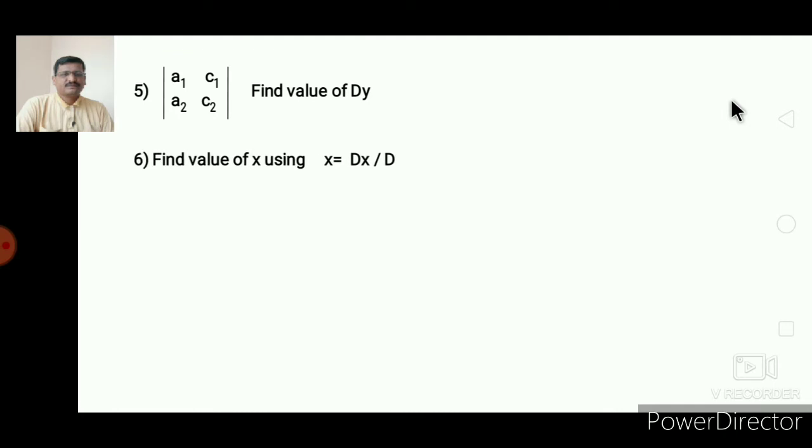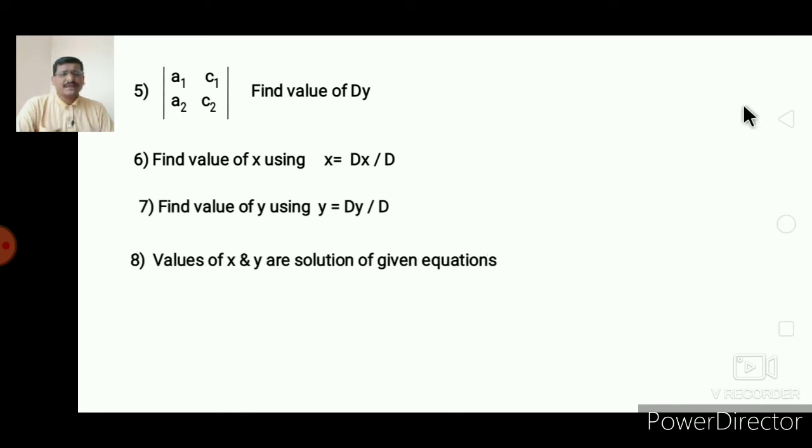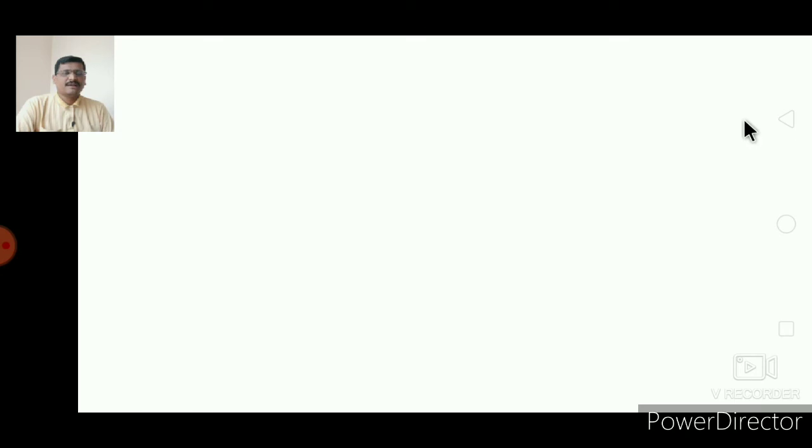Next step, find the value of x using x is equal to Dx upon D. Next step, find the value of y using Dy upon D, and last, the values of x and y are the solution of the given equations. For example, solve the following simultaneous equations using Cramer's rule or method.